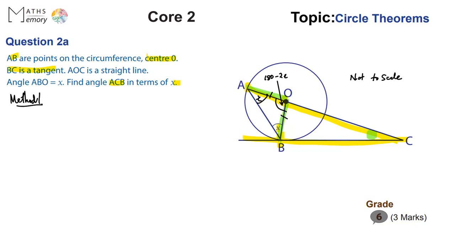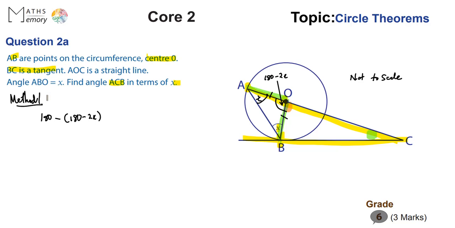Therefore we could figure out this angle over here. We have a straight line, so what is this angle? We're trying to find all the angles in triangle BOC. So we have 180 for the straight line, take away 180 take away 2x.